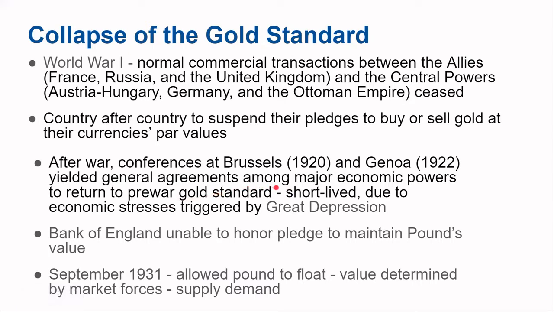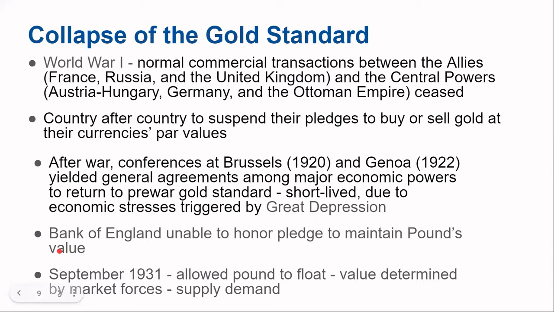Some of the major economies returned to the pre-war gold standard, but it was not successful. It was short-lived. Some countries didn't want to follow because of the economic stresses triggered by the Great Depression in the 30s.